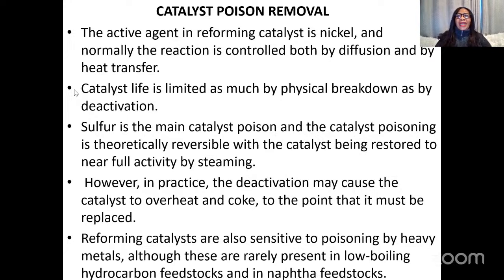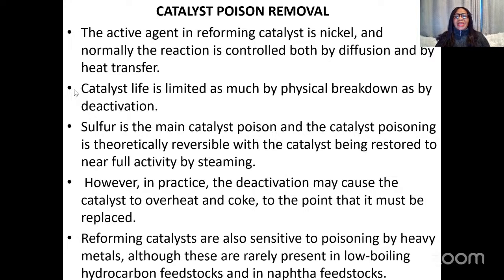And apart from that, there are some metals that normally will poison the catalyst and render it not useful enough. So catalyst life is limited as much by physical breakdown as by deactivation.